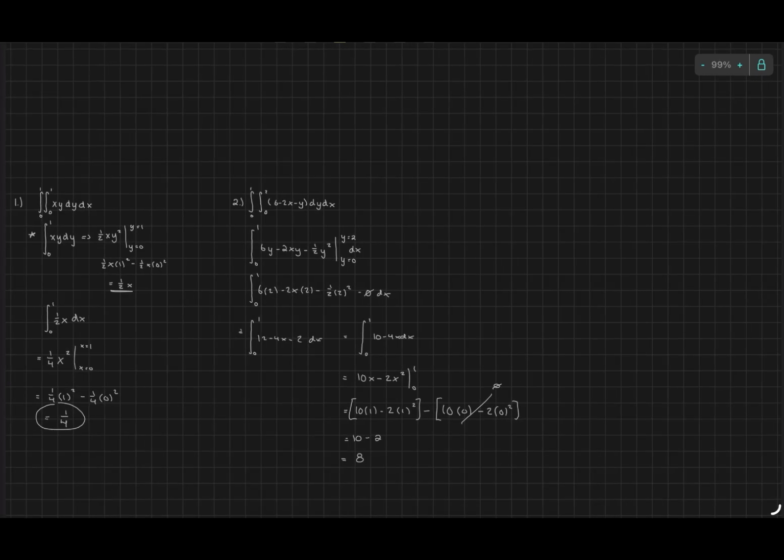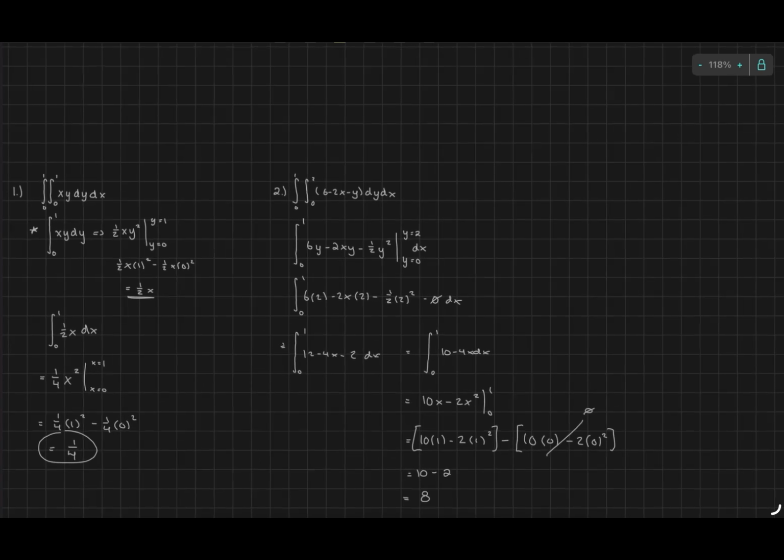So I suppose a question that you might be having, although you can't ask me in person yourself, are these reversible? So I've been integrating in dy dx. What if I wanted to integrate in dx dy? Well, sometimes that can be beneficial for sure.